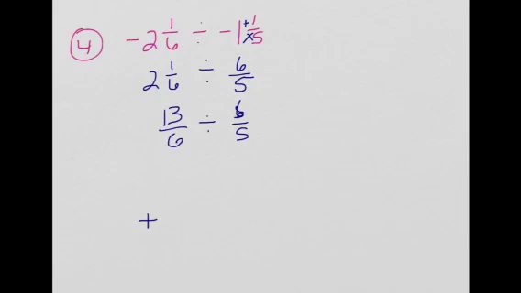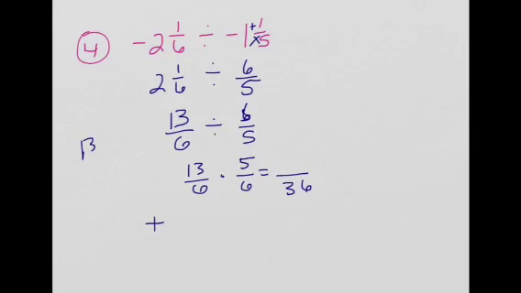6/5. Now we're going to flip the second and multiply. So it's going to be 13/6 times 5 over 6. And so we're going to have 36 as our denominator. And 13 times 5, 15 carry 1 is 65.